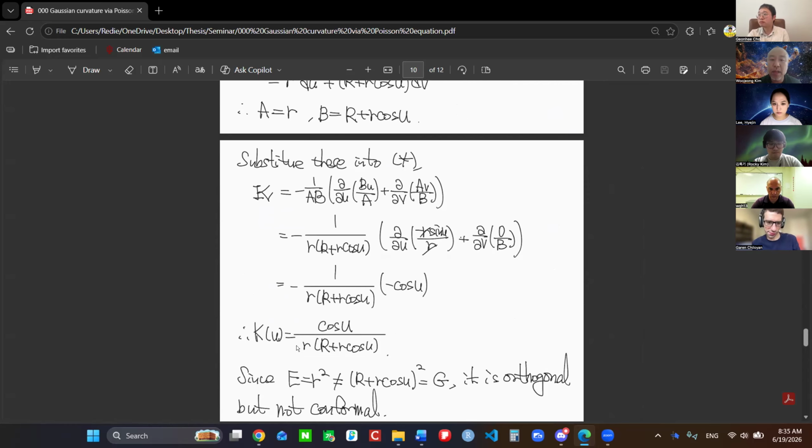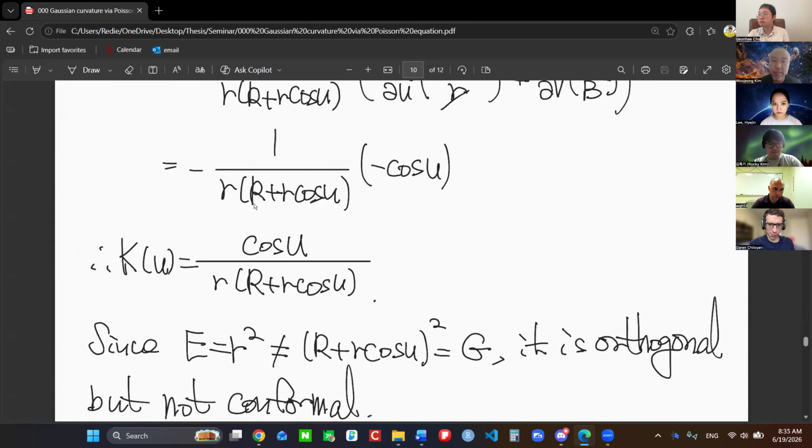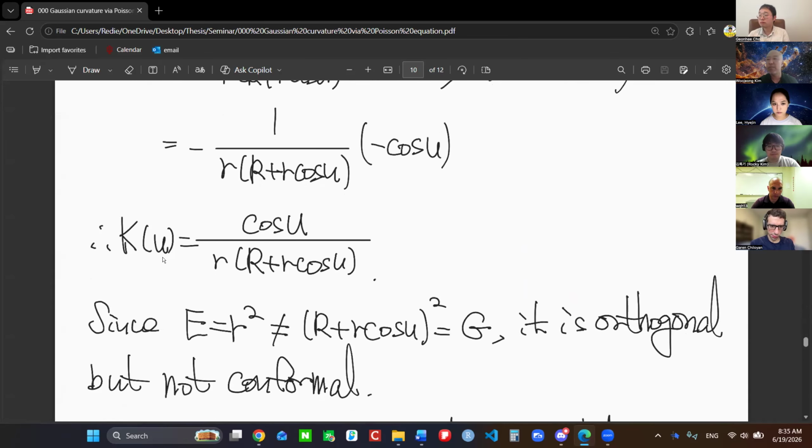We have this Gaussian curvature. Note that this Gaussian curvature depends on U, not V, so I'm going to rewrite it as K of U.